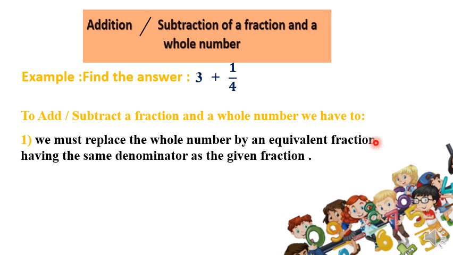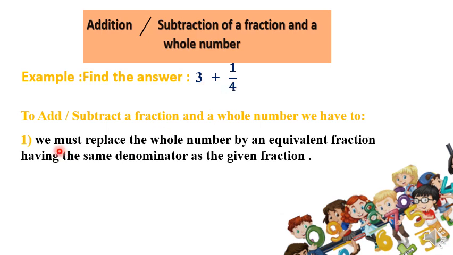Stop here. Look here again. As usual, I add two fractions, so I have to replace this number by an equivalent fraction. This equivalent fraction must have the same denominator as the second fraction.